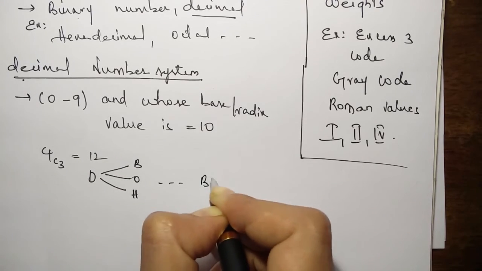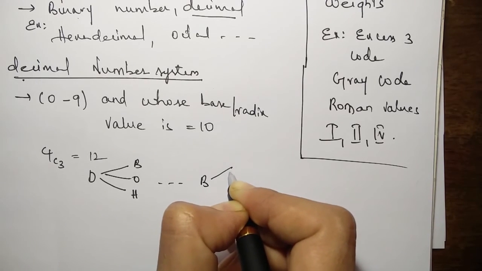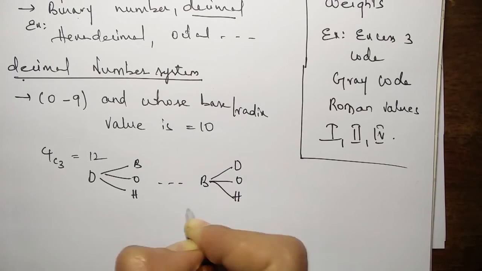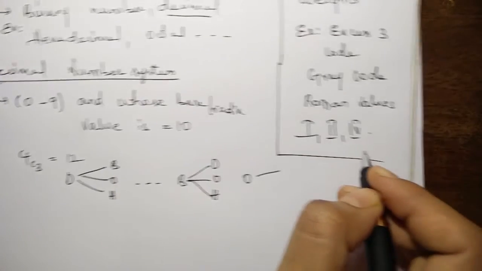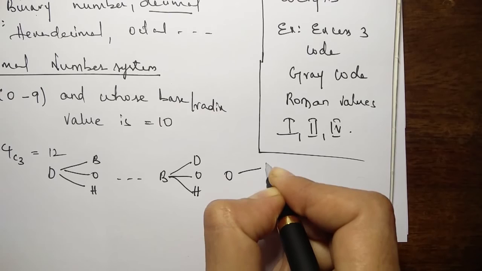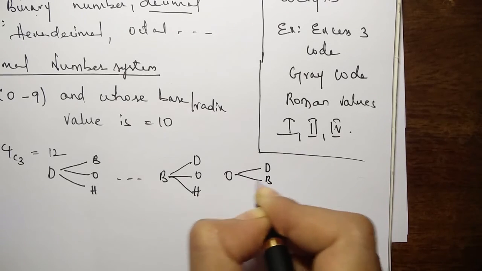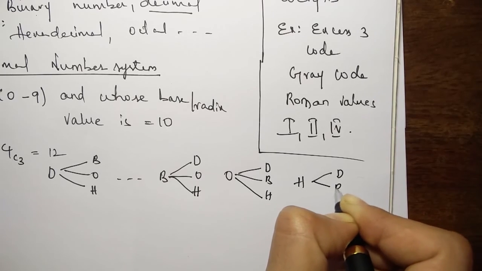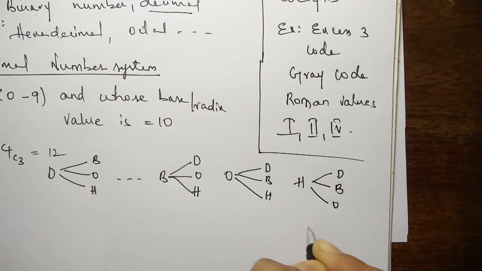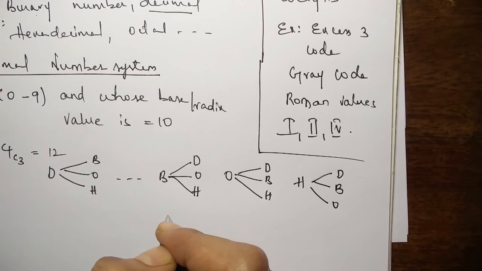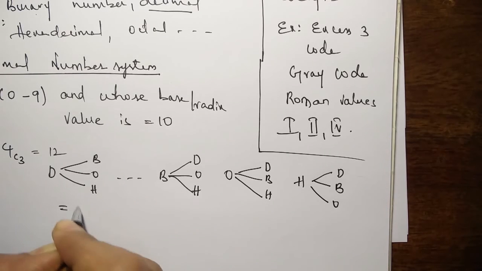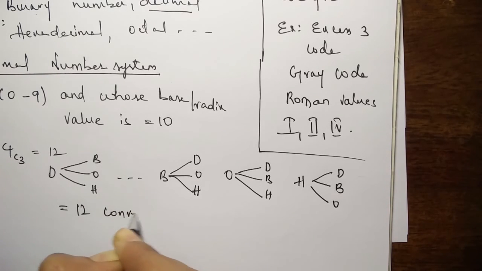Binary can be converted to decimal, octal, hexadecimal. Octal can be converted to decimal, binary and hexadecimal. Hexadecimal can be converted to decimal, binary and octal. These are the conversions. The total number of conversions that we are focusing on is 12.